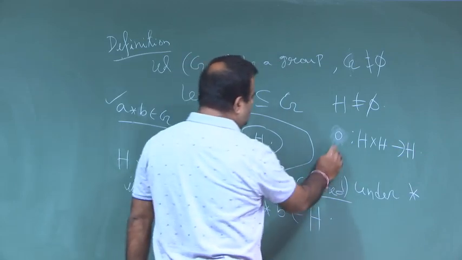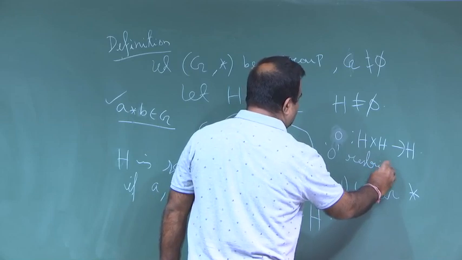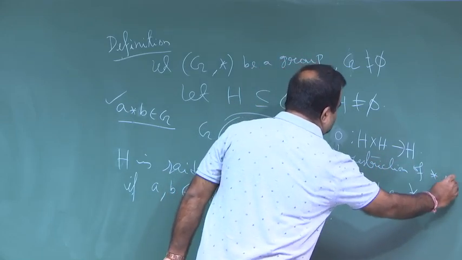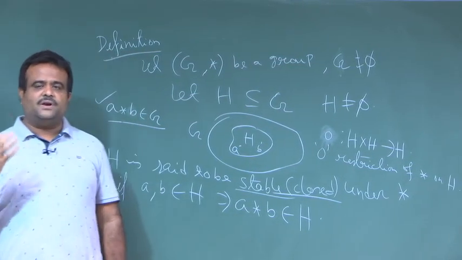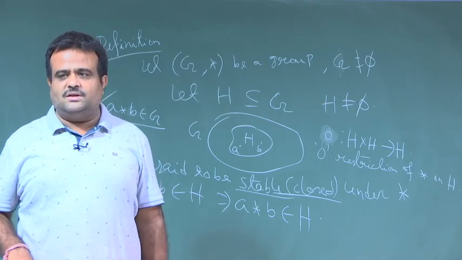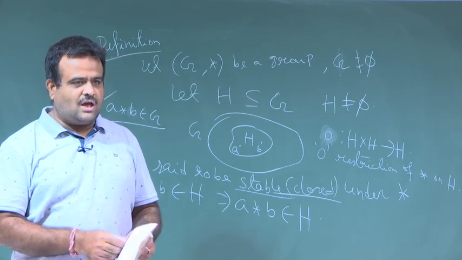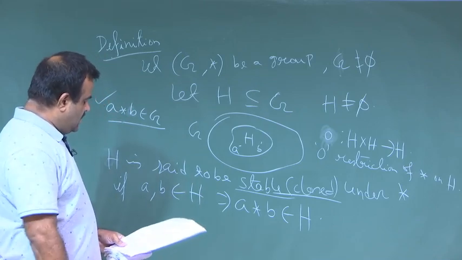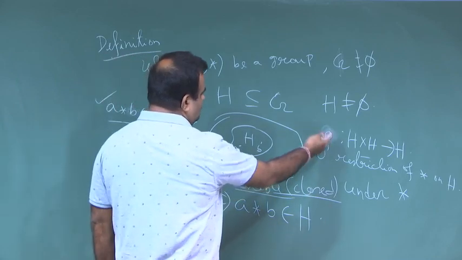This is basically a restriction of star on H. Okay. This is basically the operator star, but the elements are coming from H. This is a binary operation, elements are coming from H. So, this is the induced operator, the induced composition on H. Anyway, you can also write it as star instead of this.